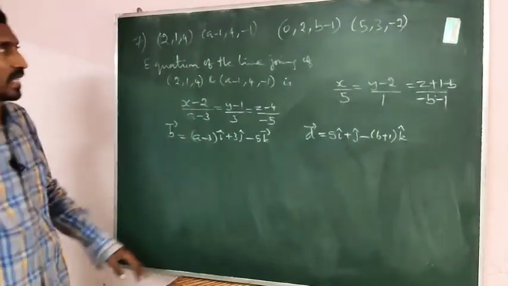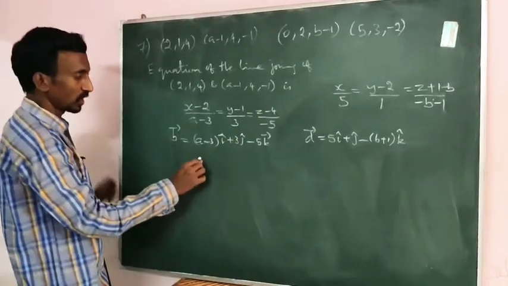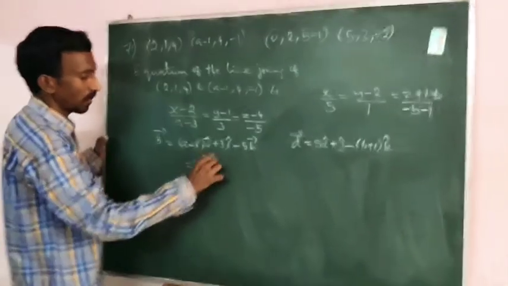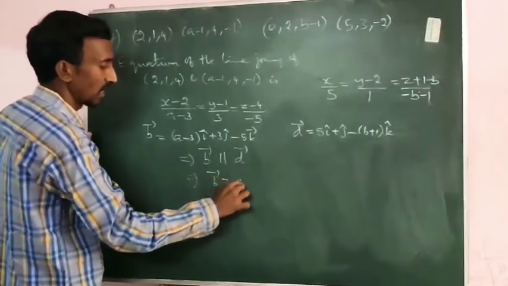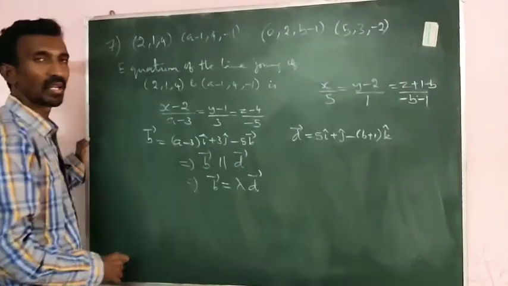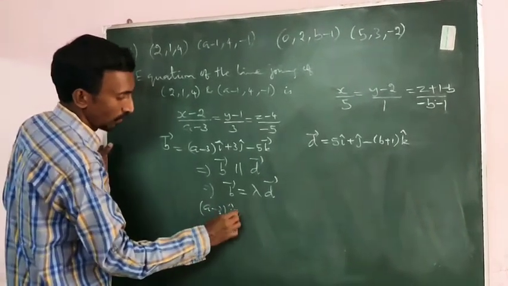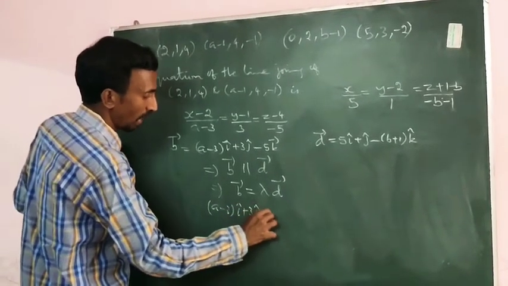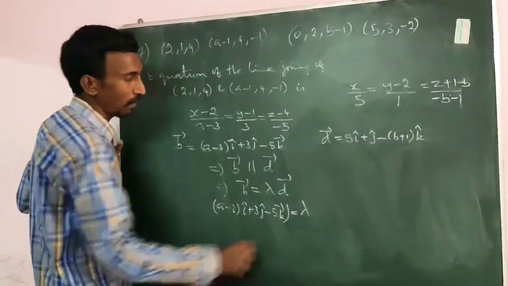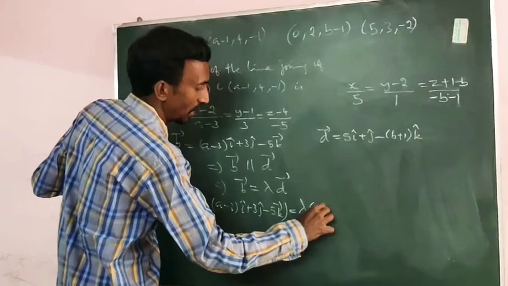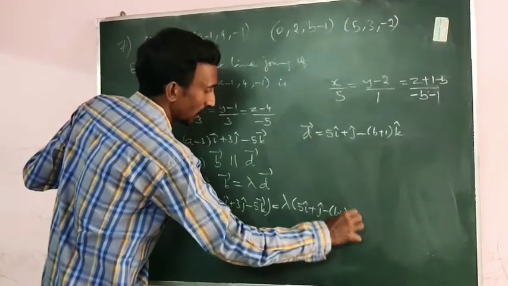Given that these two lines are parallel, which implies the b vector is parallel to the d vector, which implies the b vector is a scalar multiple of the d vector. So (a minus 3)i plus 3j minus 5k is equal to some lambda into (5i plus j minus (b plus 1)k).